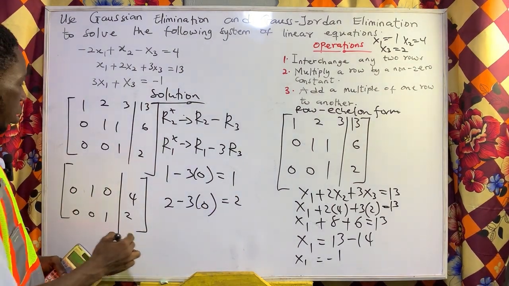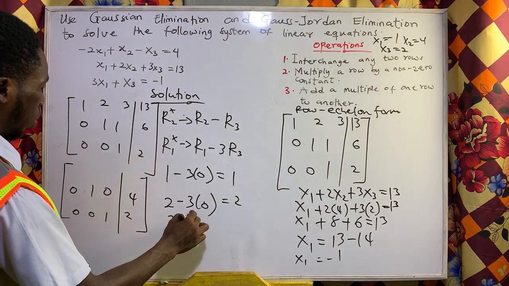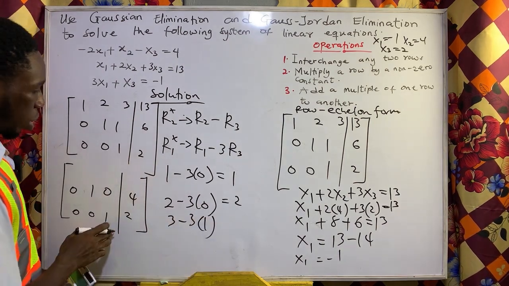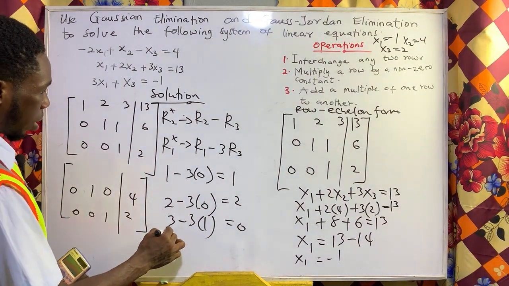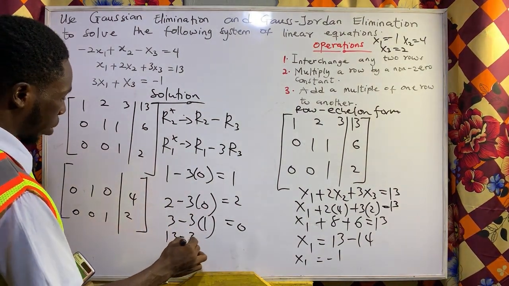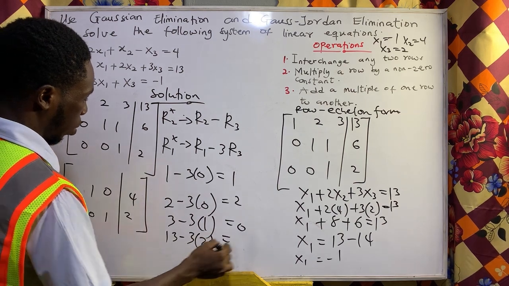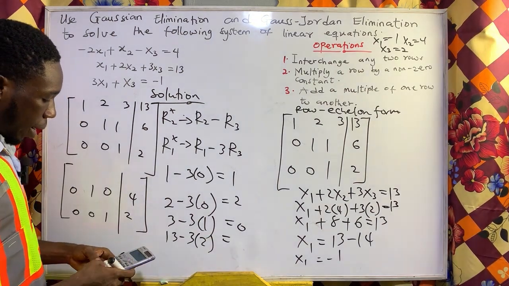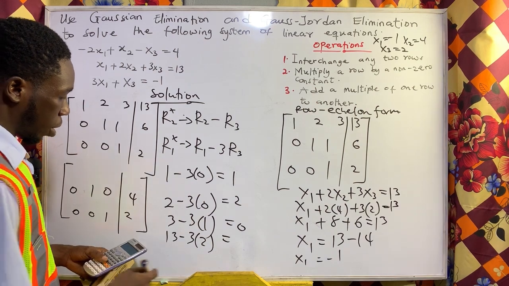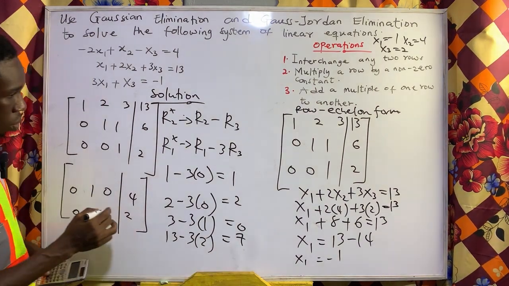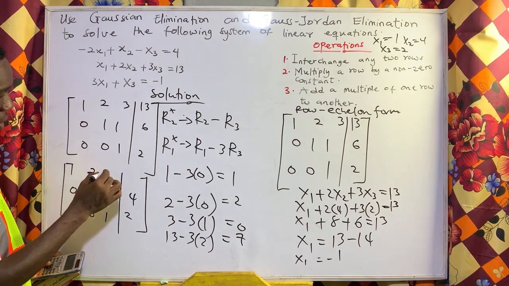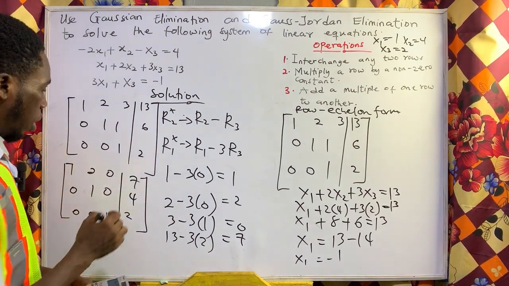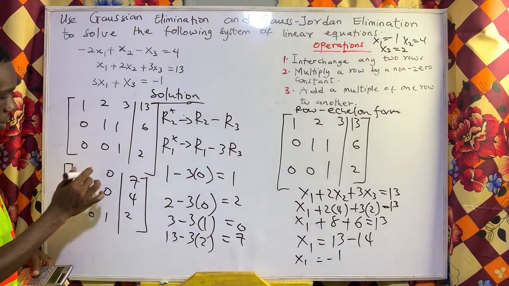And then the next one is 3 minus 3 times 1, which gives us 0, right? And then you have 13 minus 3 times 2. We're going to have 13 minus 6, which gives us 7. So the new values are 1, 2, 0, and then 7.